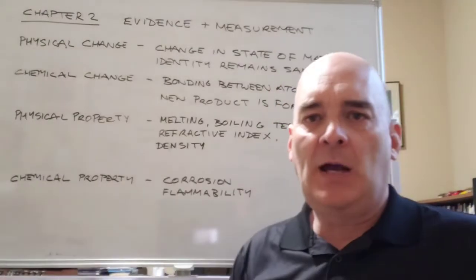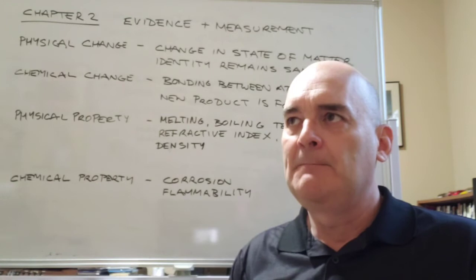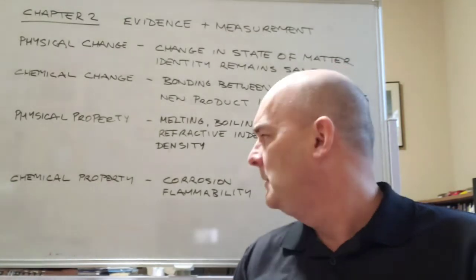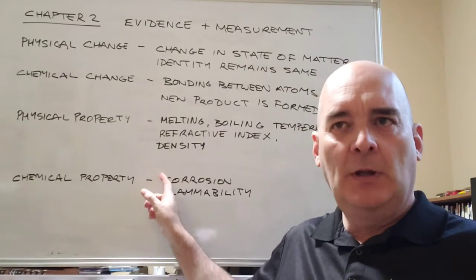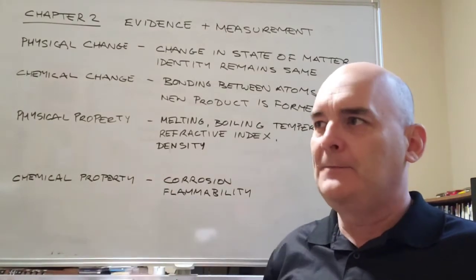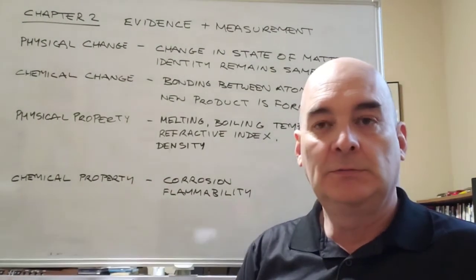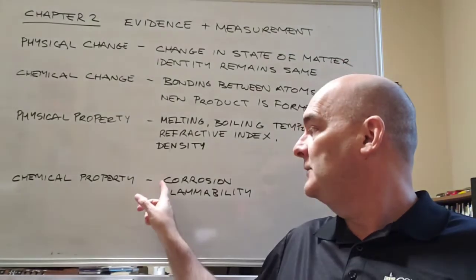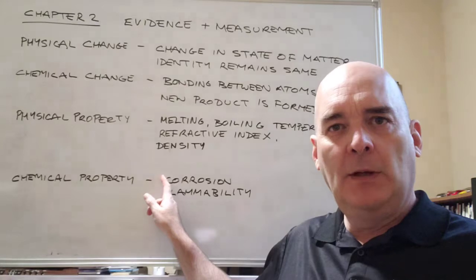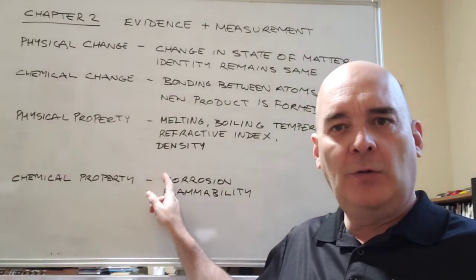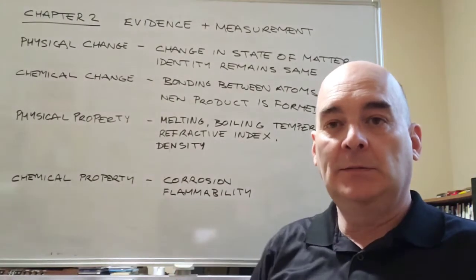Chemical properties are things like flammability or corrosion. We know that iron rusts. We know that gold doesn't. And how much over time does your material corrode? Flammability.